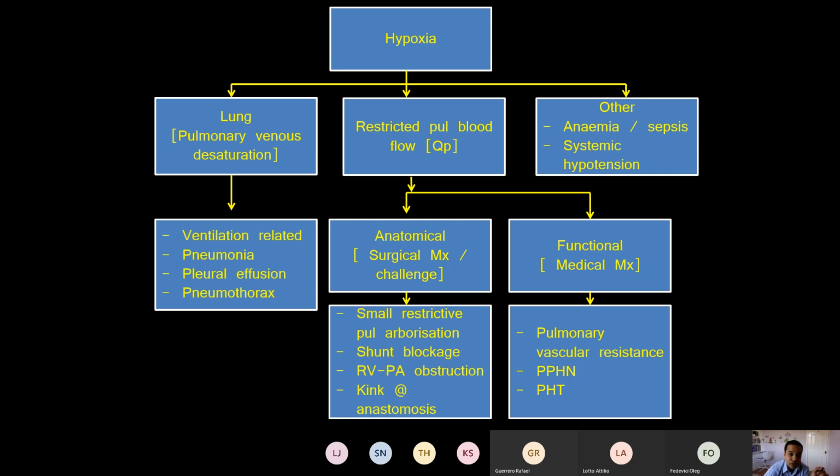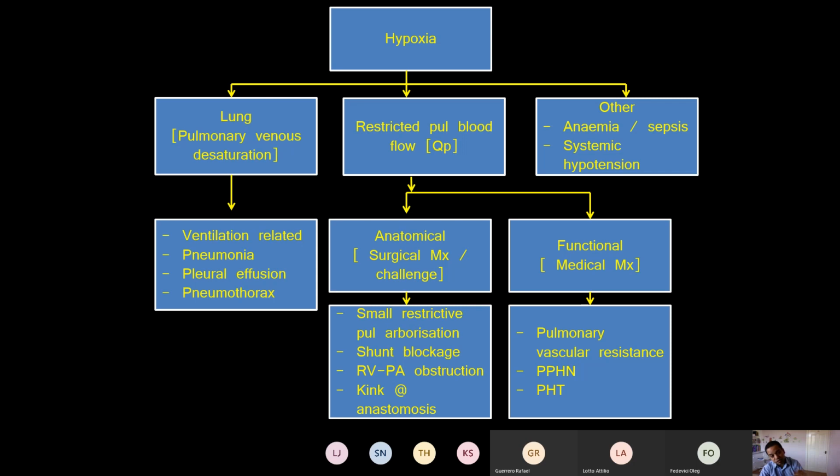Whenever there is a patient with hypoxia, I would try and see whether air is flowing into the lungs well. So let's sort that one first: lung and pulmonary causes. If there is a lung cause, then pulmonary venous desaturation comes to the heart, and then you have systemic venous desaturation or systemic desaturation, if that makes sense.